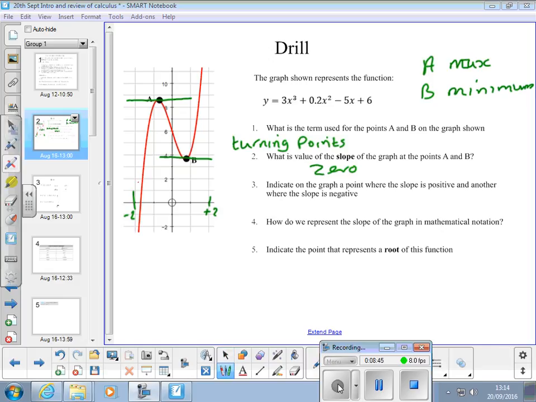So we could, anywhere up in that area there, we could get a positive slope. Equally, we could have a positive slope in that area going up there. Yep. Negative leading down between A and B. Yep. So as soon as we turn around that point and start coming down here, our value of y is getting smaller as x increases, so the slope is negative.